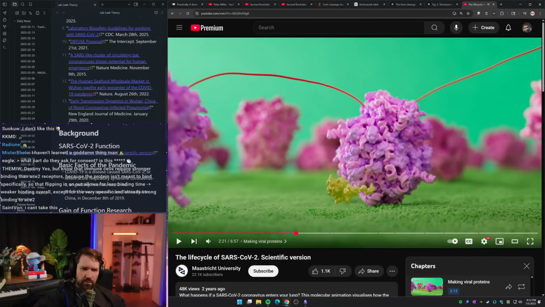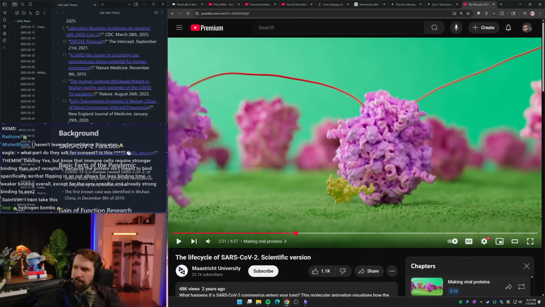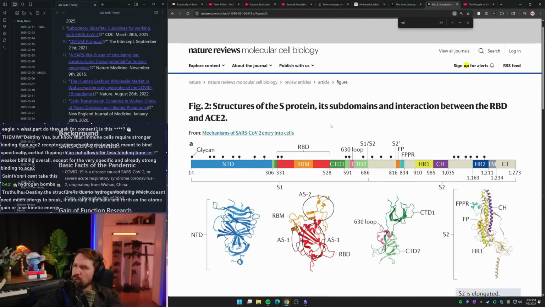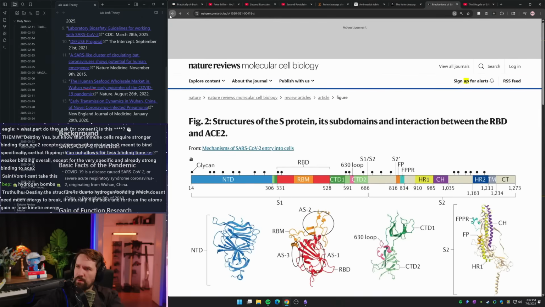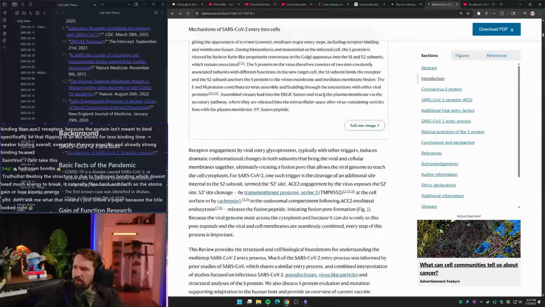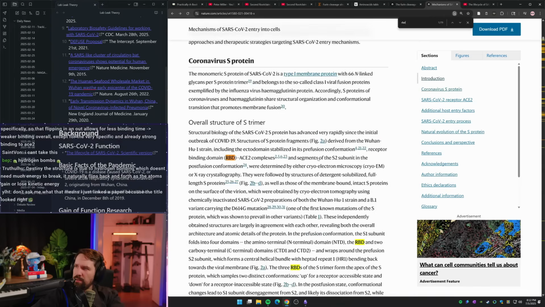In the Nature article, read the RBD section. This in this article? Control F, RBD.